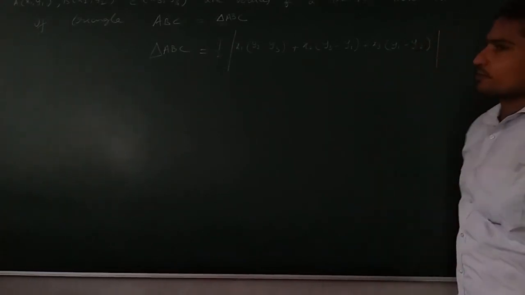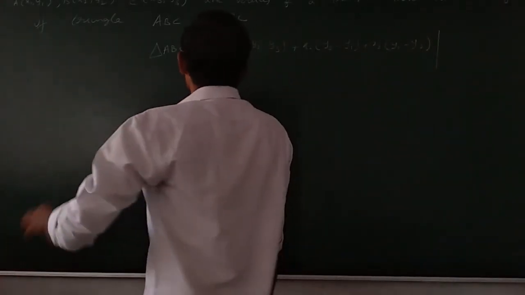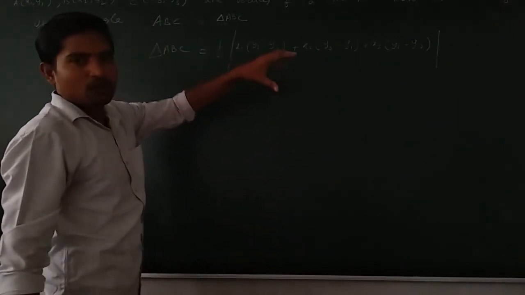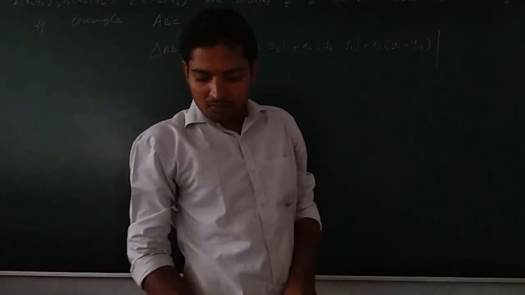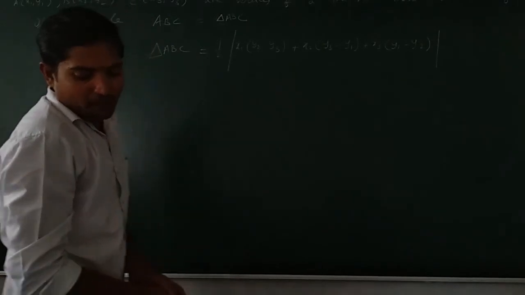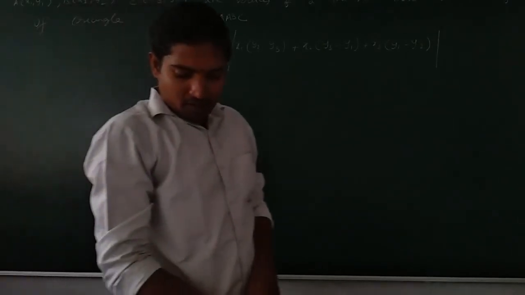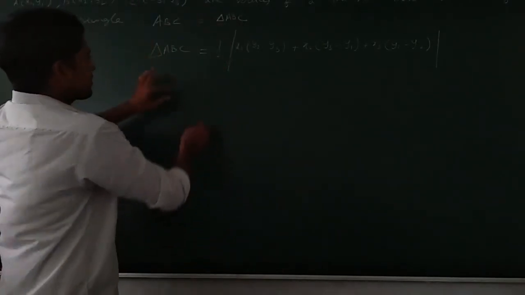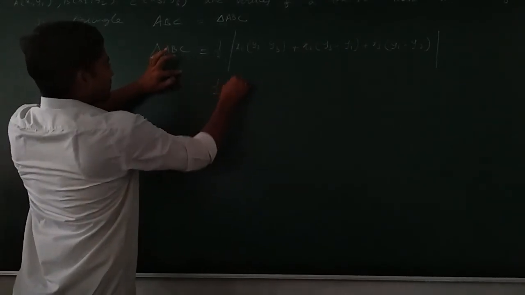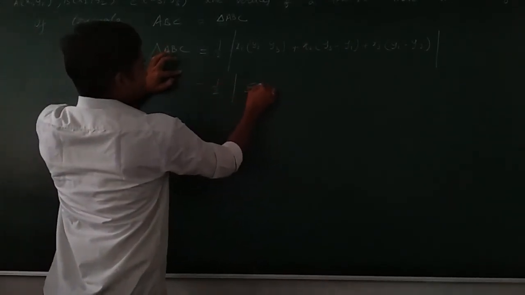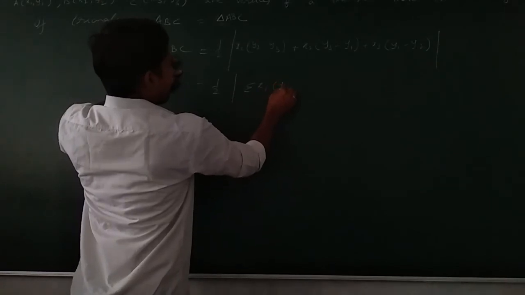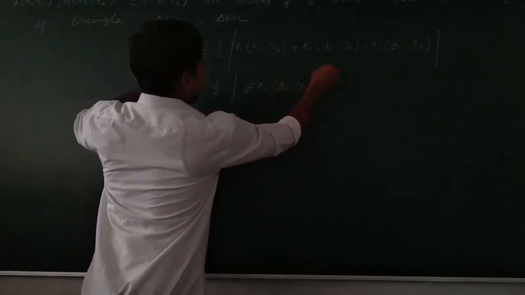Close the modulus. Why do we use modulus here? Because area should not be negative. And one more form, in shorthand, is half modulus of sigma x1 into y2 minus y3.